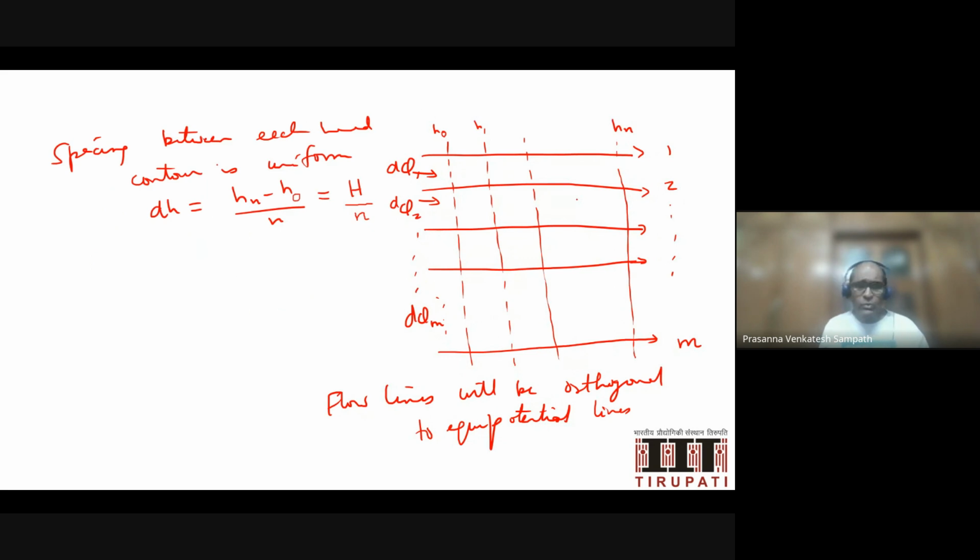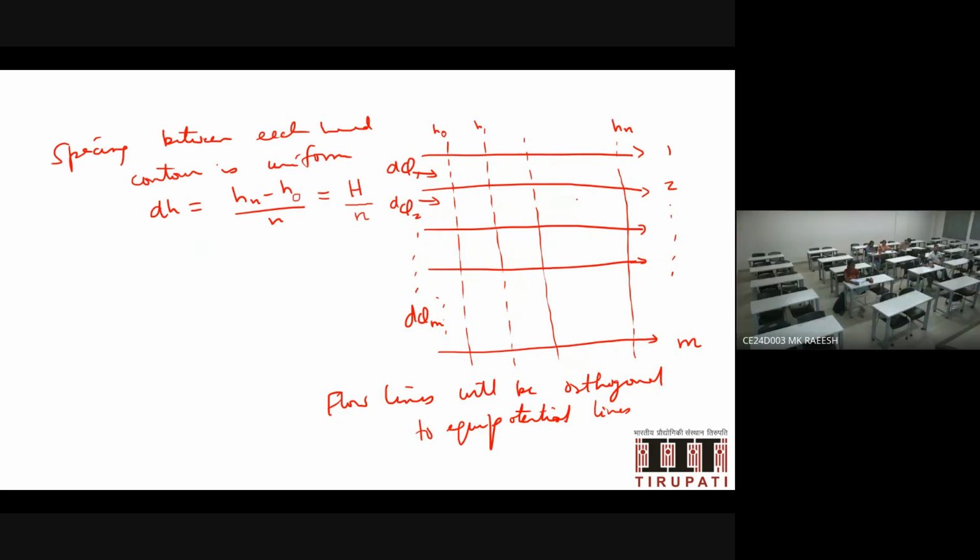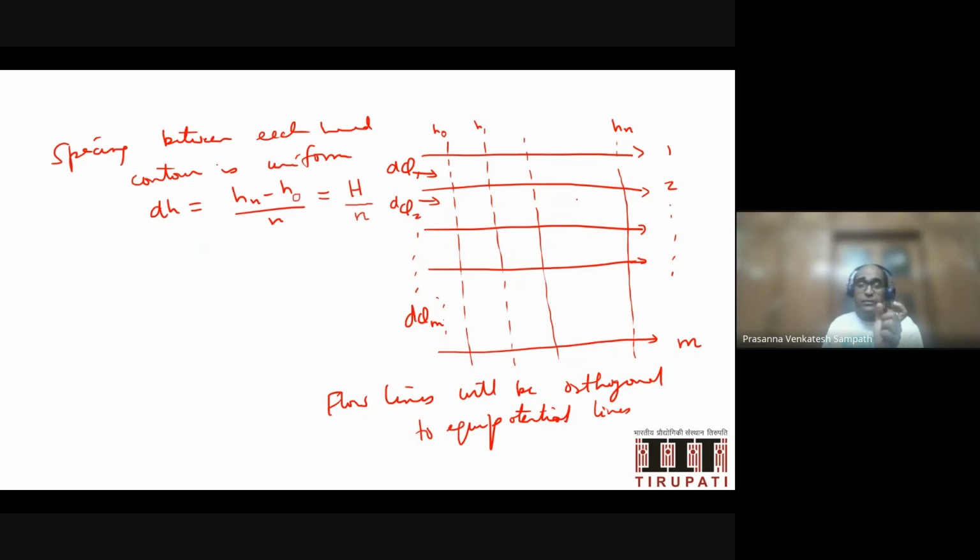Now if the spacing between each head contour is uniform, then I can write the head difference between any two successive head contours, dh, as Hn minus H0 divided by n, the total number of jumps that I'm taking. So H0 to H1 is one jump, H1 to H2 is the second jump, and so on.